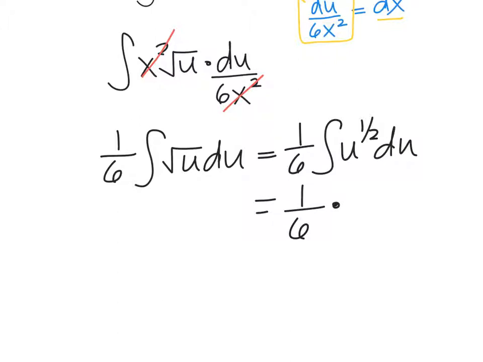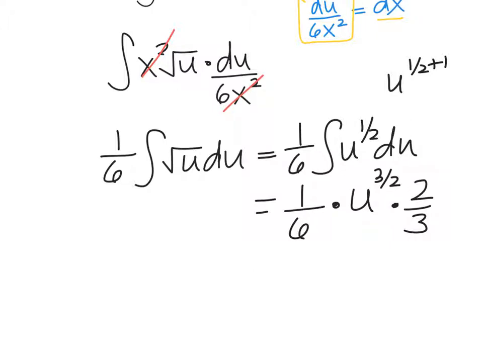So how do we find out what the antiderivative of u to the 1/2 is? Perfect, yep. You take the 1/2 and you add 1 to it, so 3/2. So this would be u to the 3/2. And then divide by 3/2, which is the same thing as multiplying by 2/3.